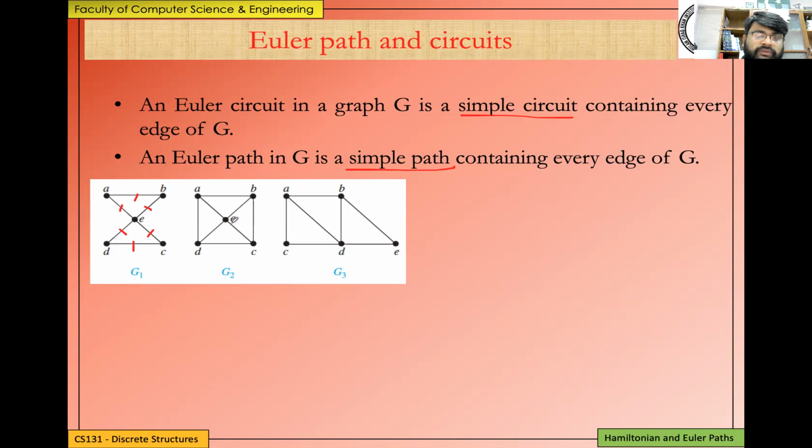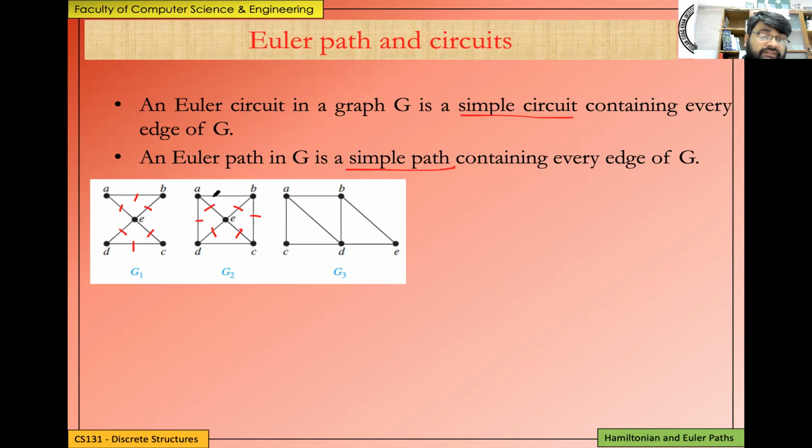So let's talk about this one now. In this case, again, let us say that we start from E. Let's go to D first, and then maybe to A, and then reach back to E. Then from E, you can take C, then reach B, then reach C, and finally reach E again. So while we are starting and ending at the same point, the problem here is that in this particular scenario, there are two edges that were not used.